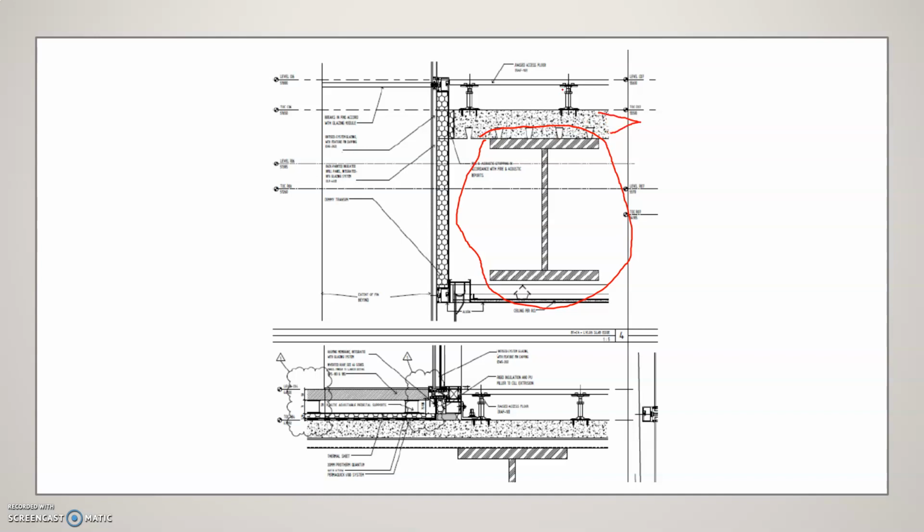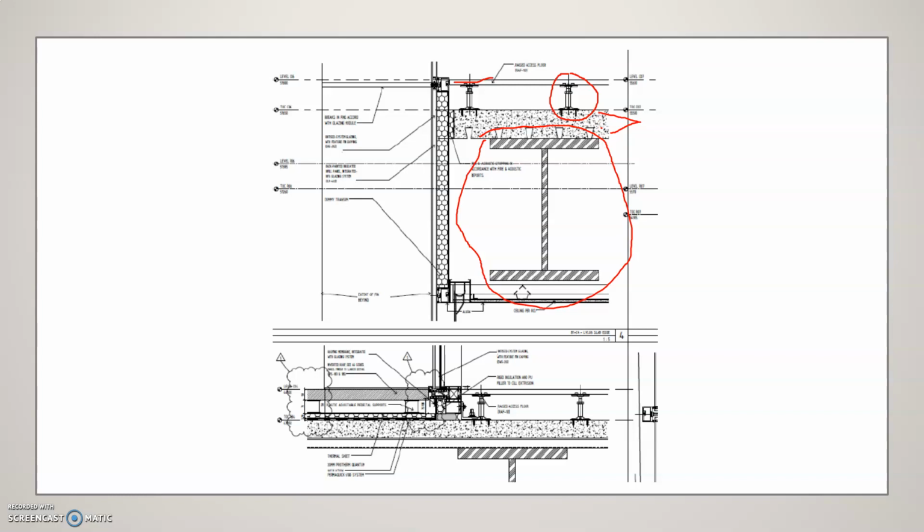And on top of the floor slab you got the flooring tile, which is supported by some sort of pedestal. So this is the floor pedestal. If you imagine, we got the floor slab which is made of concrete, or it could be precast concrete.